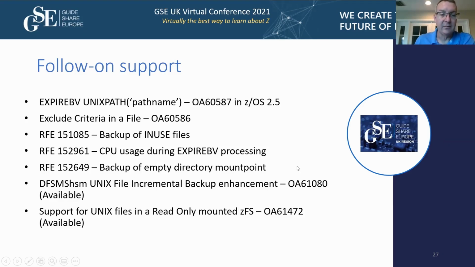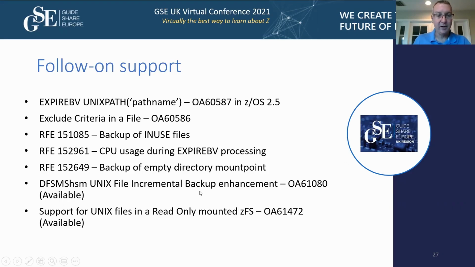And then one customer was having fun with an empty directory that's a mount point. Sometimes the zFS would be mounted and the backup request would be successful even though nothing had changed. But if the zFS wasn't mounted, they'd get a failure message saying that empty directory is already backed up. So we're changing that.